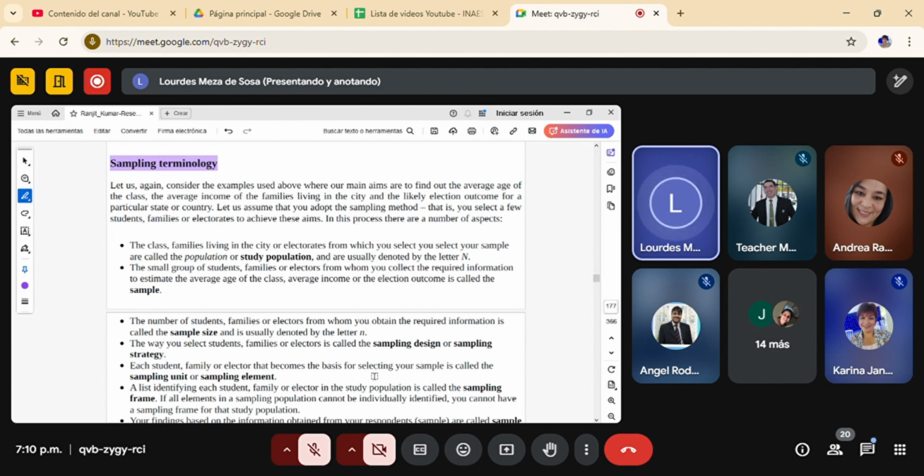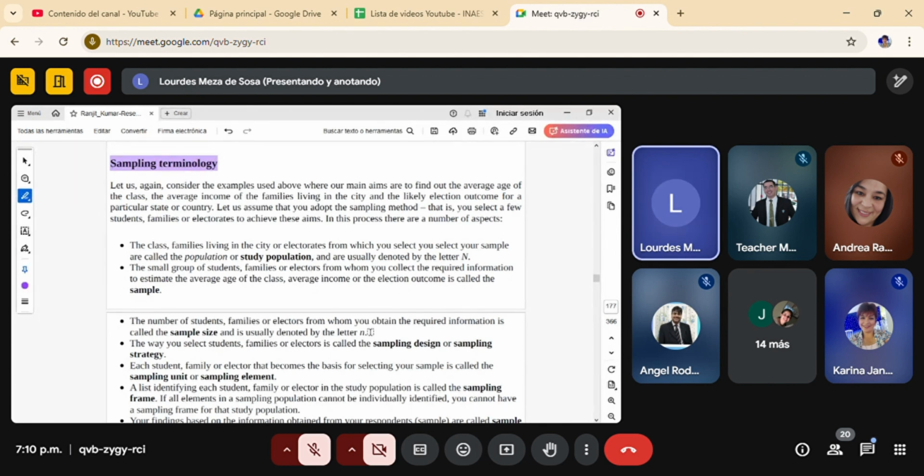The number of these people that helps you obtain the required information is the sample size, and it is usually denoted by the lowercase n. The capital N is for population, and the lowercase n is for sample size, right?